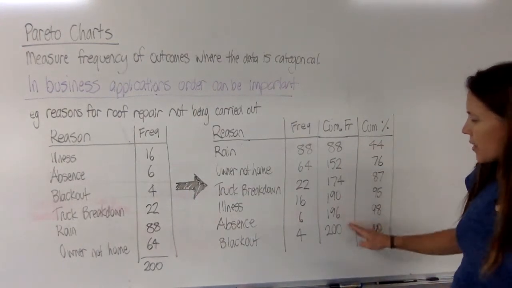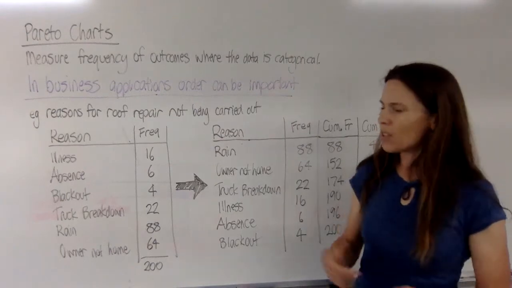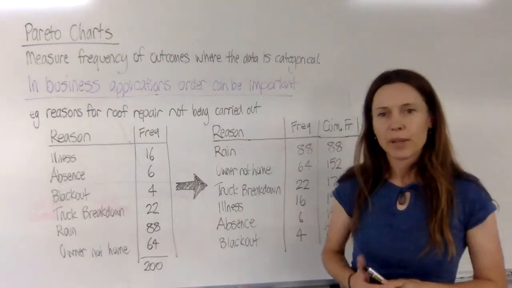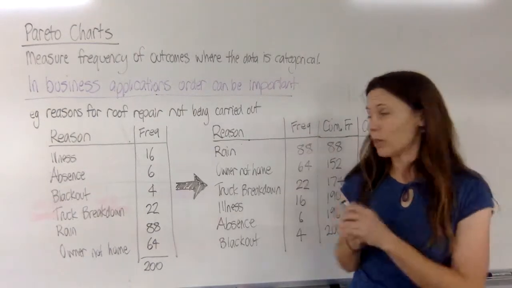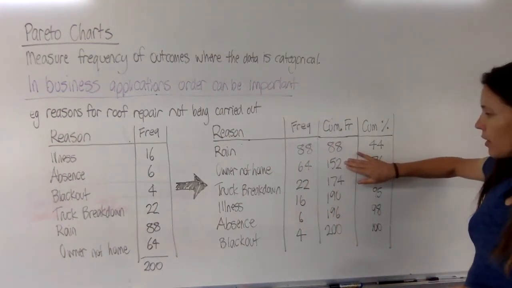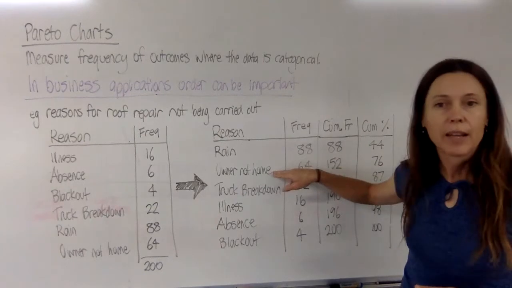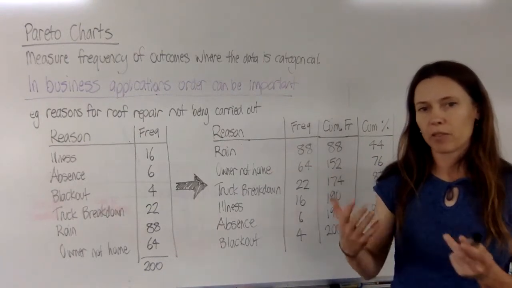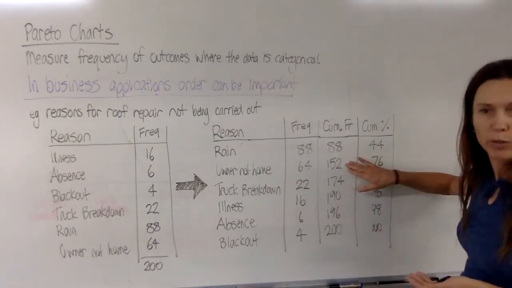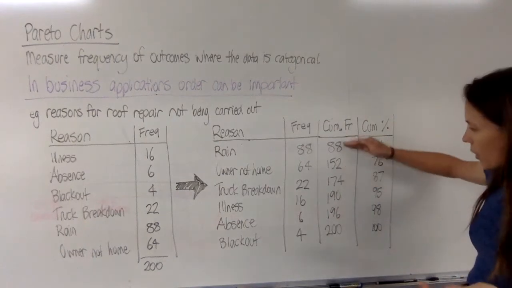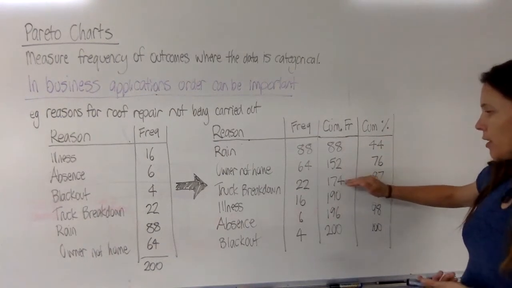This makes some sense because I can say, well, what's the problem most of the time? And it depends what you like to term most. I could actually say, well, 152 out of the 200 times, it was either this or this. And so that gives me then two problems that I could investigate that will cover most of the problems. Or I could take it down to here and say, look, it was this many.